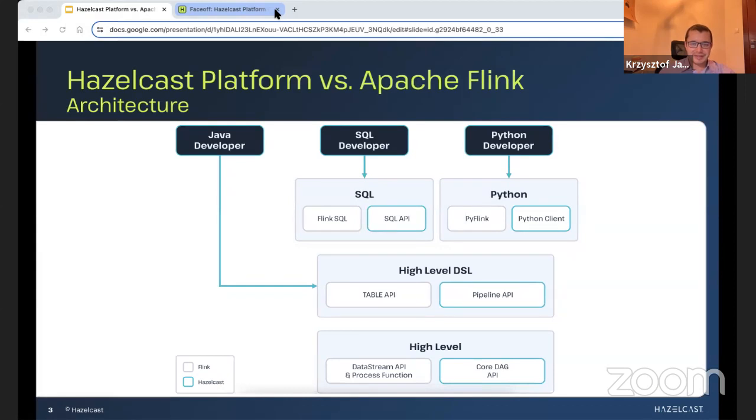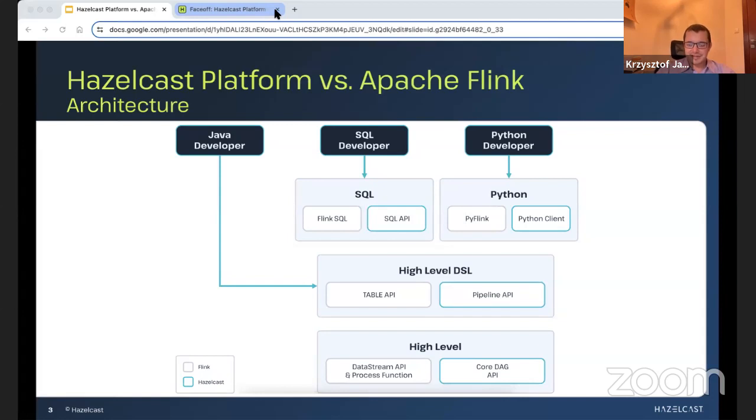The DAG defines nodes or vertices which do some processing, and edges which describe where the data flows from and to. So it flows from one processing node to another, and that's the basis of all features of stream processing.